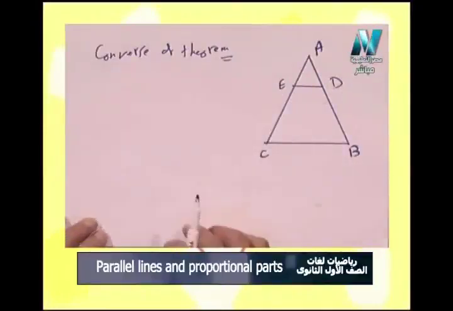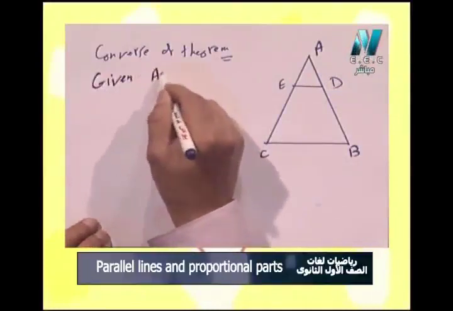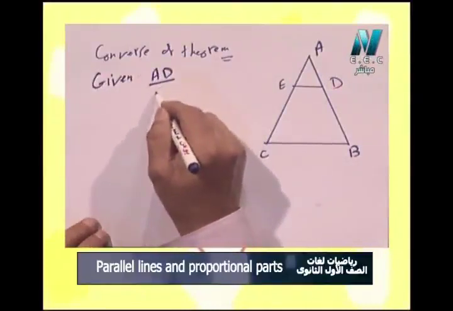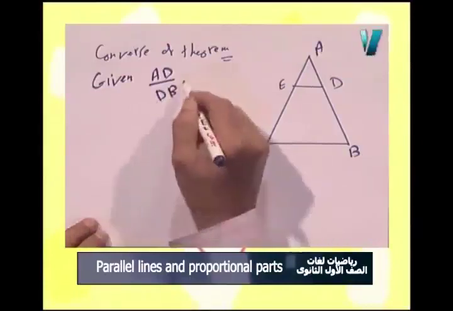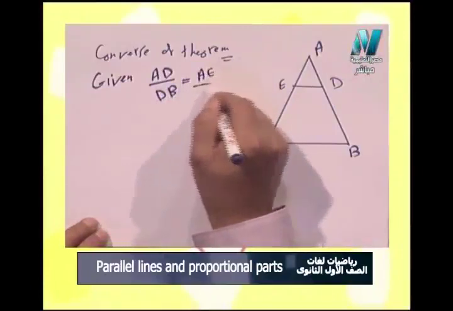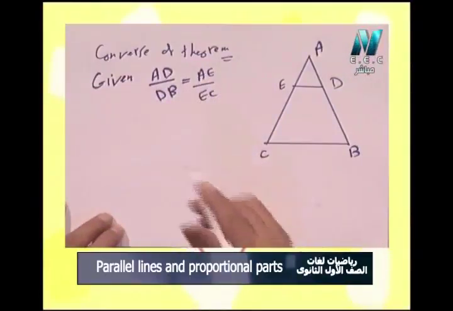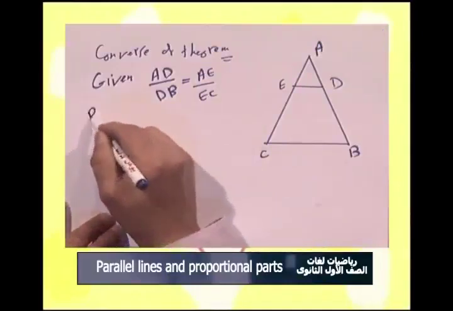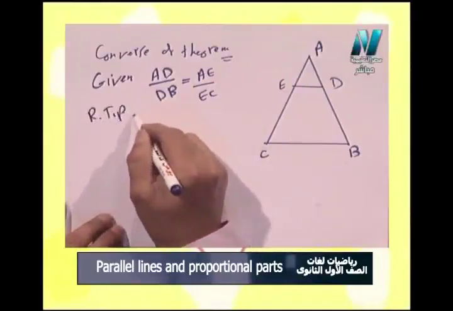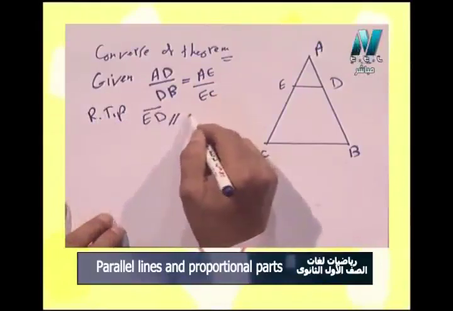And it is given that AD over DB equals AE over EC, and required to prove is to prove that ED parallel to CB.